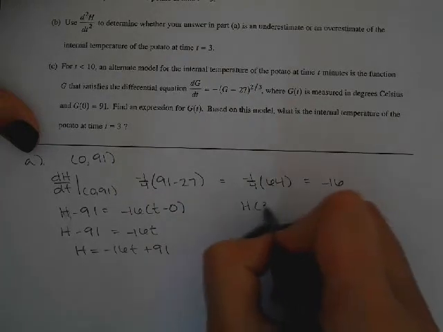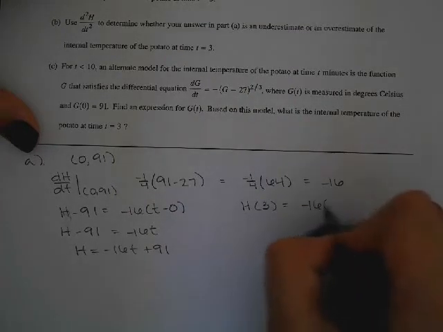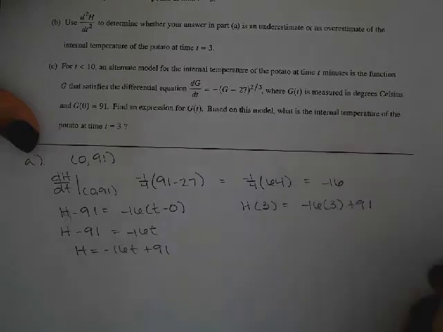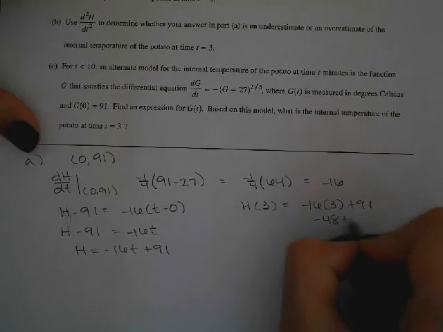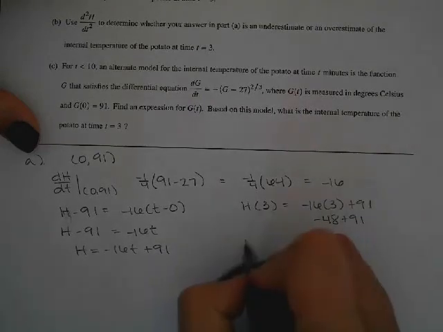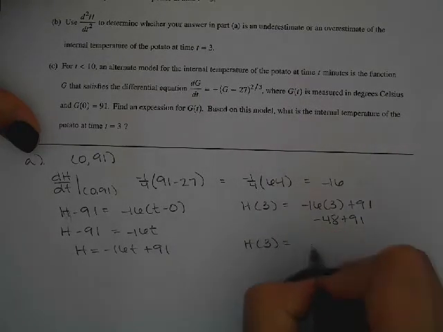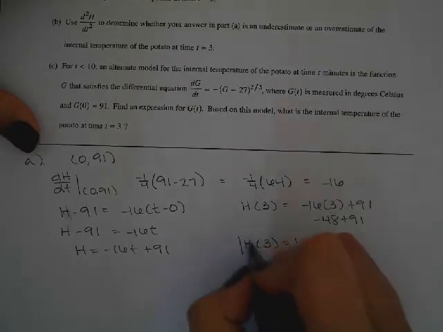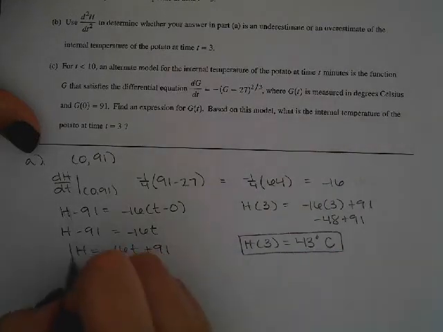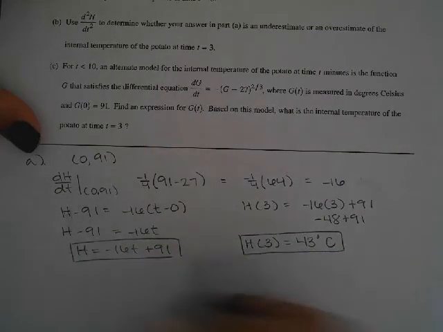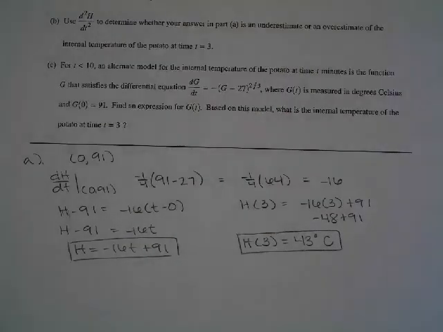So h of 3 is negative 16 times 3 plus 91. 16 times 3 is 48. And so the temperature at 3 is 43 degrees Celsius. So we've got our tangent line, and then we've got our approximation.